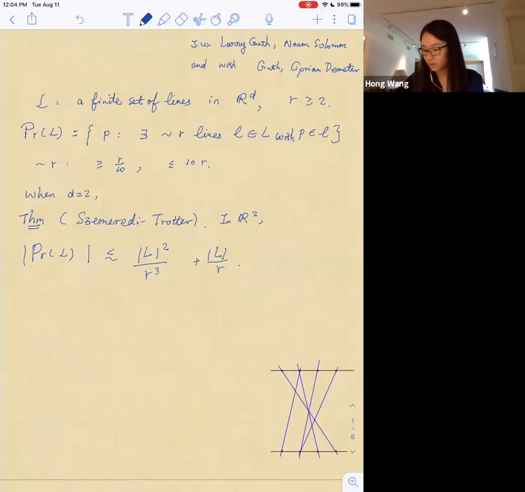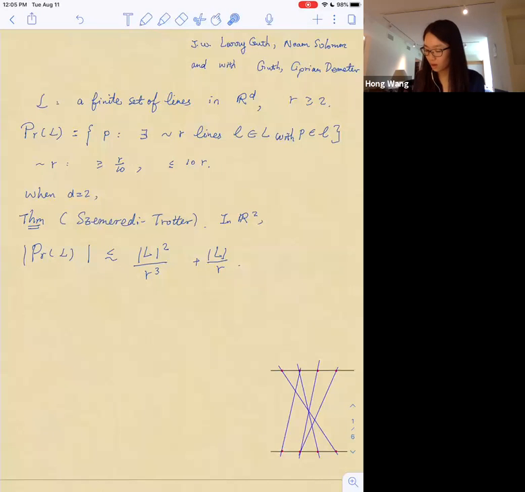We look at the set of two parallel lines and then look at a set of equally spaced points, those red points. And our set of lines L will be the set of all lines passing through two of those points.